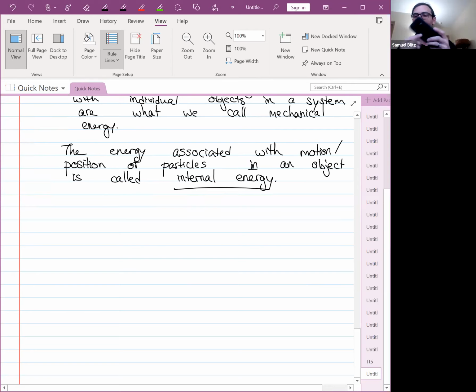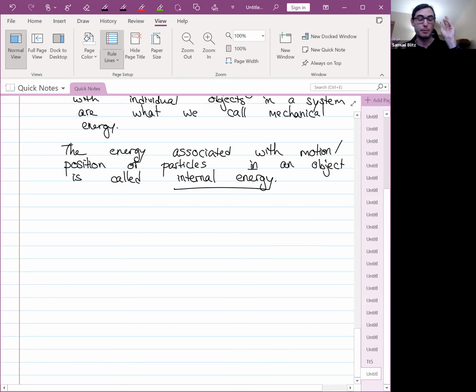For example, in this phone, there's a trillion little atoms vibrating back and forth, but the object itself isn't moving. If this phone is moving, the phone itself as an object has motion, and there's energy associated with that motion. But while it's moving, the atoms are still jiggling around inside of it, which also have energy. So we split up those two energies, we chunk them.